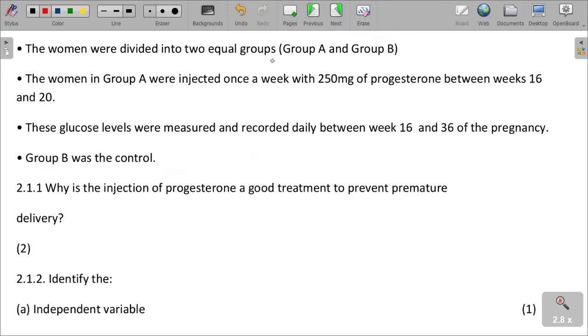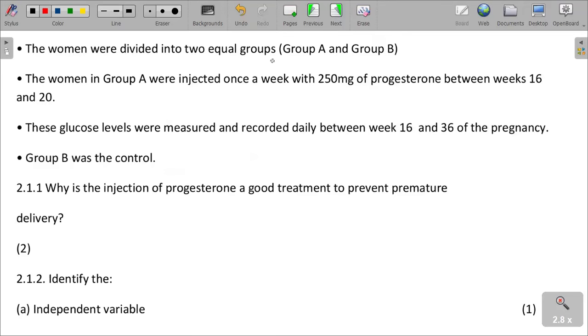I want you to remember the concept of hormonal control in terms of the menstrual cycle and pregnancy. So now, progesterone maintains or thickens the endometrium and therefore it helps to maintain pregnancy.